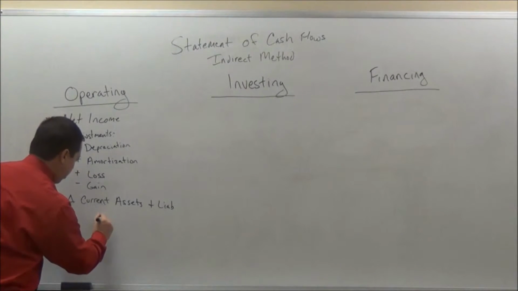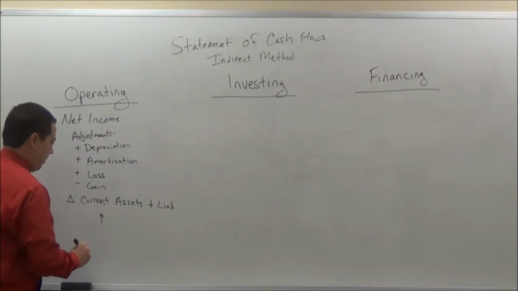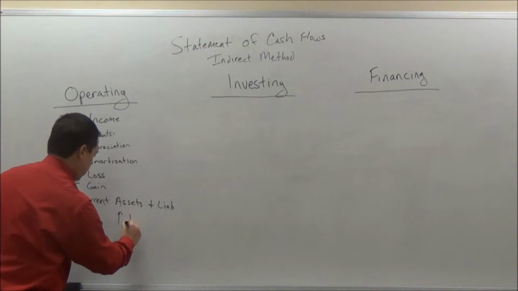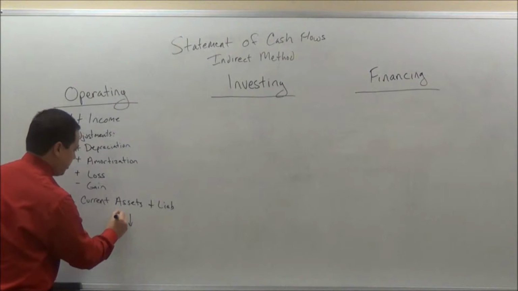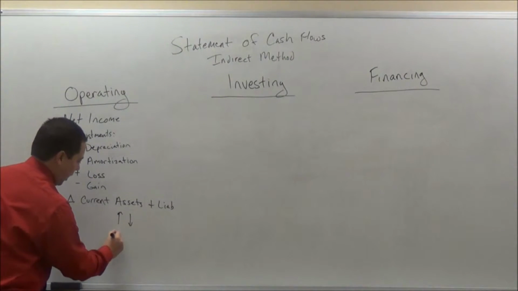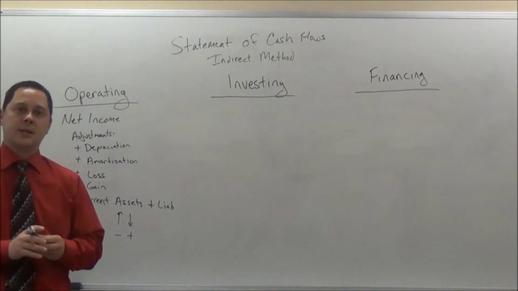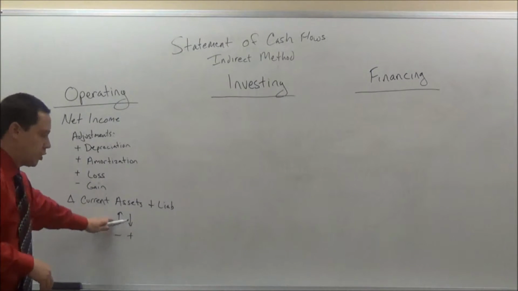So if I have an increase in my assets, or a decrease, what does that do? If I have an increase, I will actually take that increase away. And the reason being is this. Let's take our accounts receivable, which is a current asset.